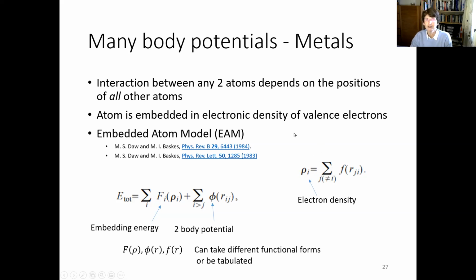So the atom is embedded in the potentials. Our atom is embedded in the electronic density of all the valence electrons in the material.